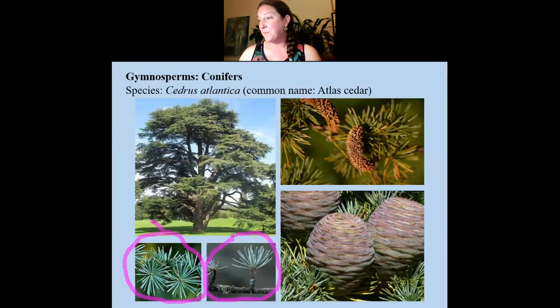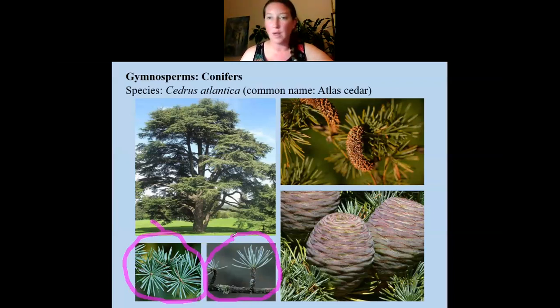And here, I'm going to pull it up really quick. It's on Blackboard. In your lab handout, which is available on Blackboard, they give an overview of all of these plants that I'm about to show you.